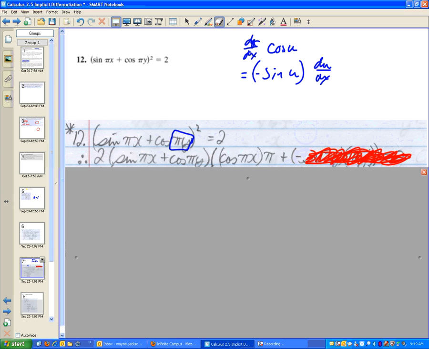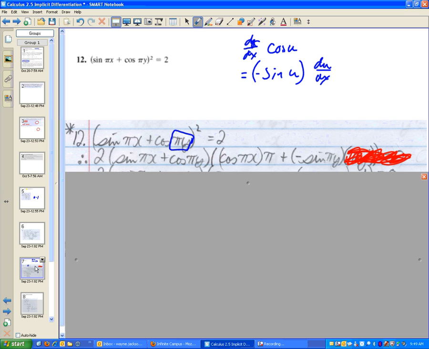So, negative sine of u. What's u in this case? Pi y. So negative sine of u.